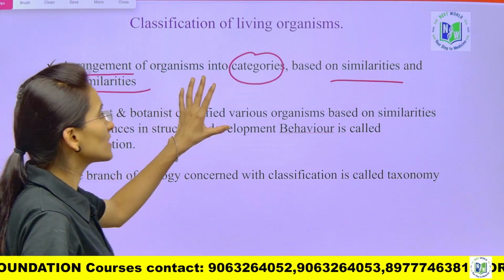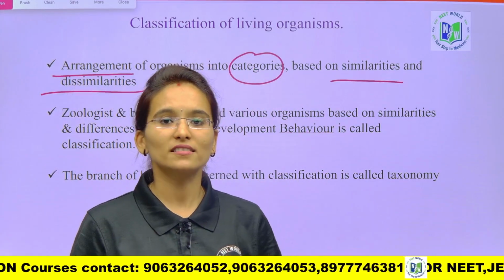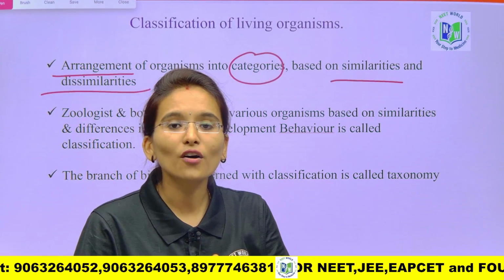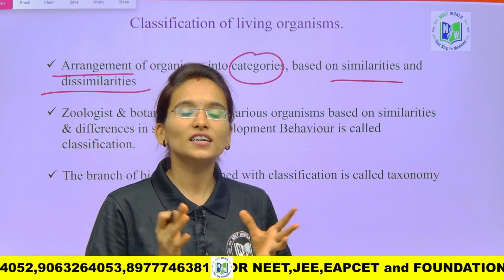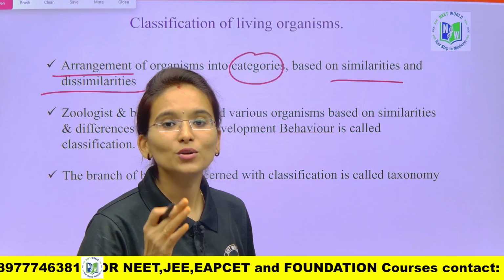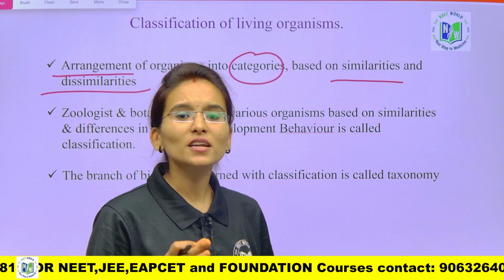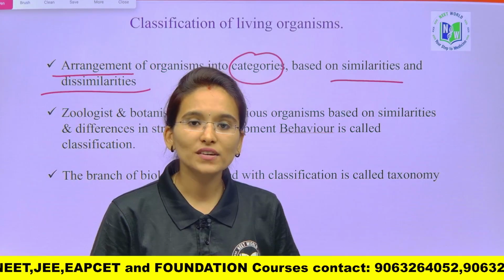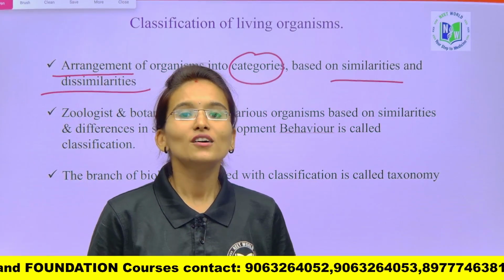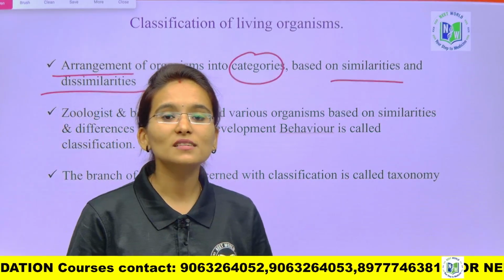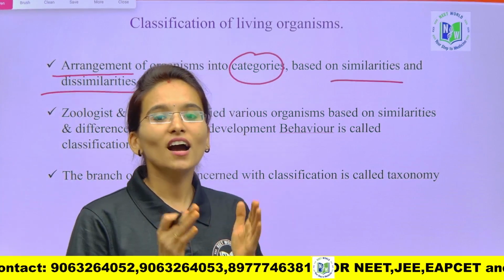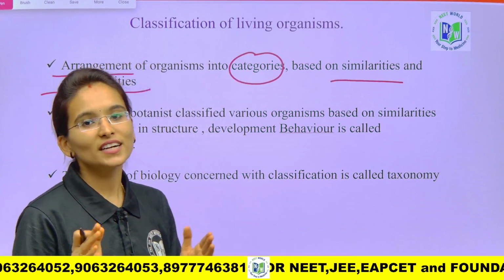For example, all the flowering plants are placed under the group of angiosperms, and all the non-flowering plants come under the gymnosperms. Similarly, all the different types of insects are included under the phylum Arthropoda. So we classify the organisms based on their similarities and a few characteristic features, and divide them into different categories.